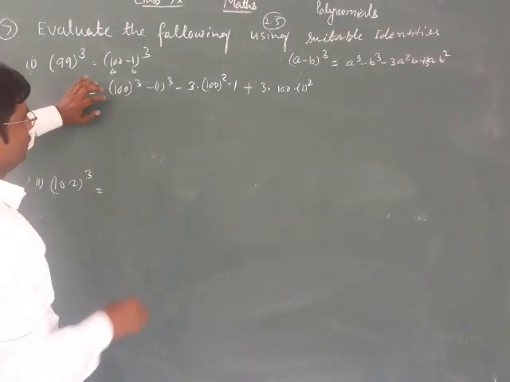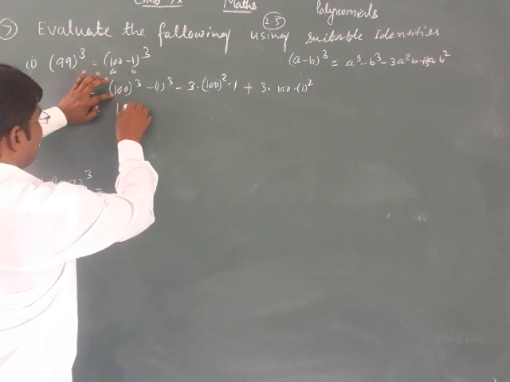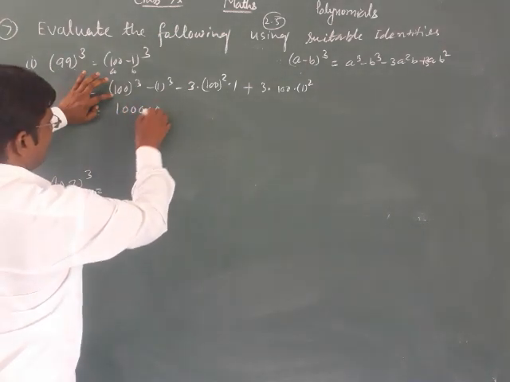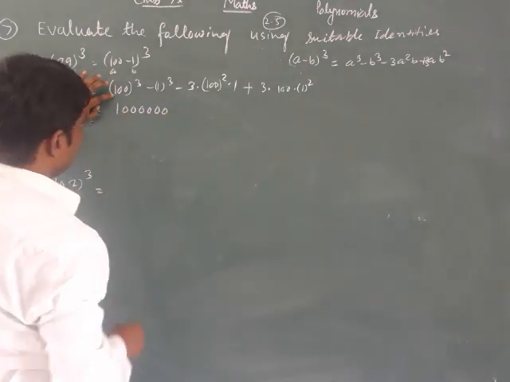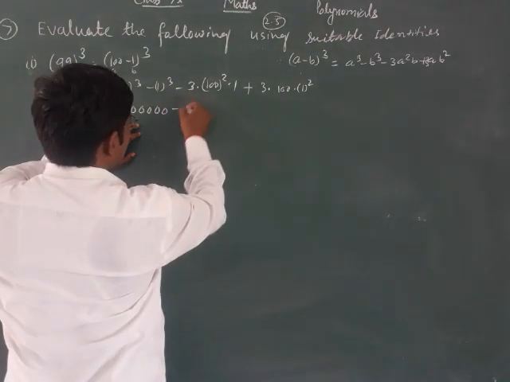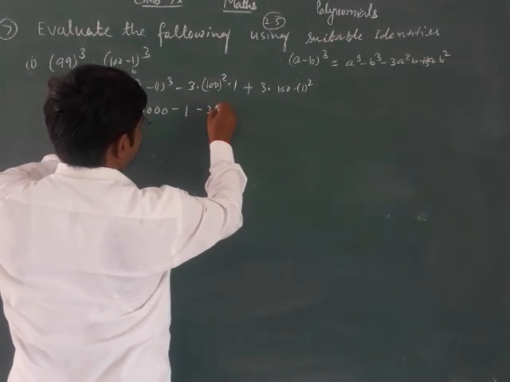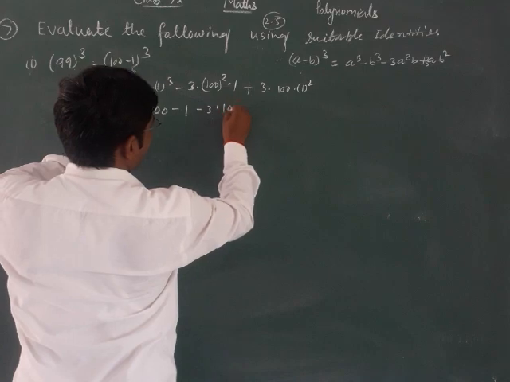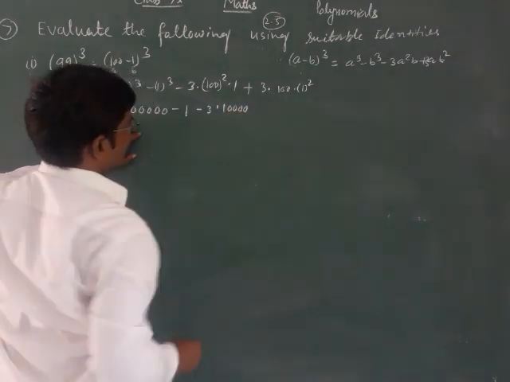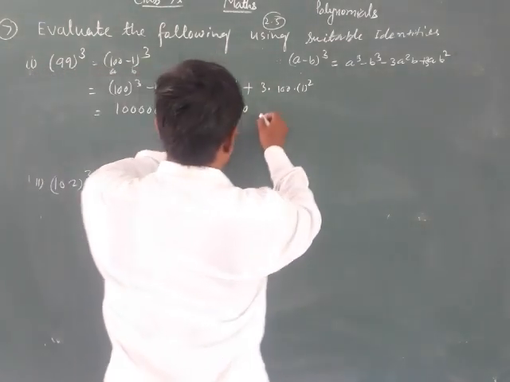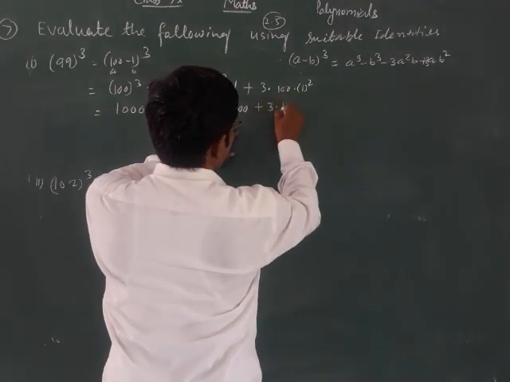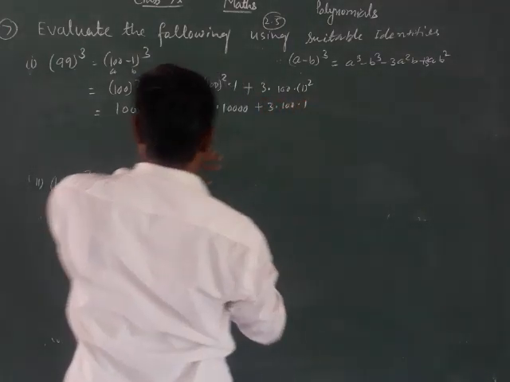So 100 cube is 1,000,000, minus 1 cube, which is 1, minus 3 into 100 square, which is 30,000, and plus 300 into 1.